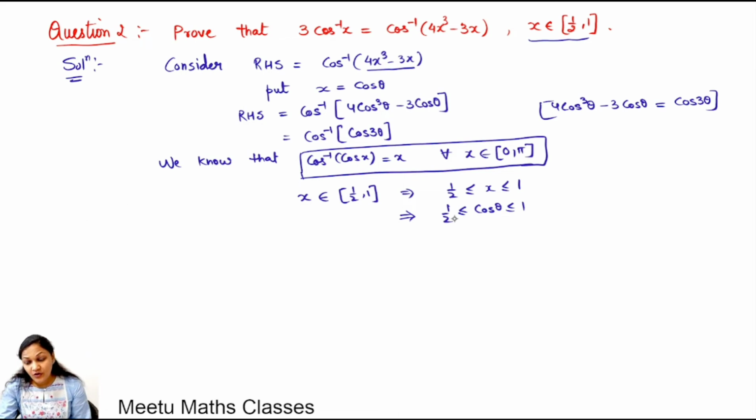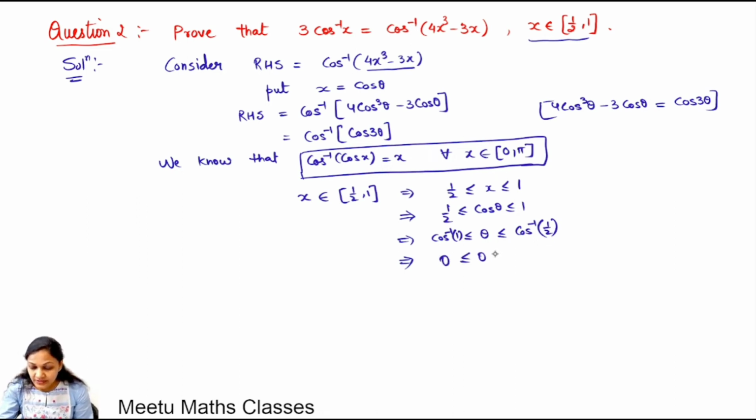Now, cos theta is a decreasing function, so if cos theta is lying between half to 1, then theta must lie between cos inverse of 1 and cos inverse of half. So cos inverse of 1 is what? 0. And what is cos inverse of half? That is pi by 3.